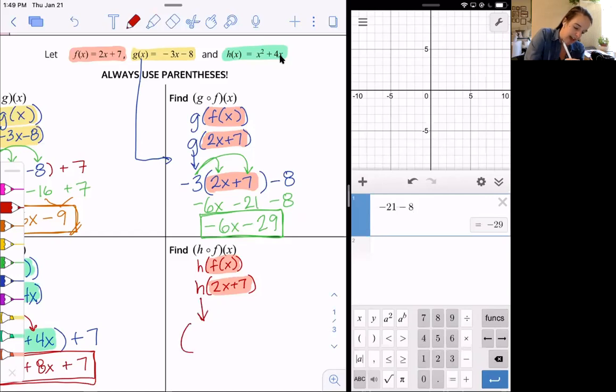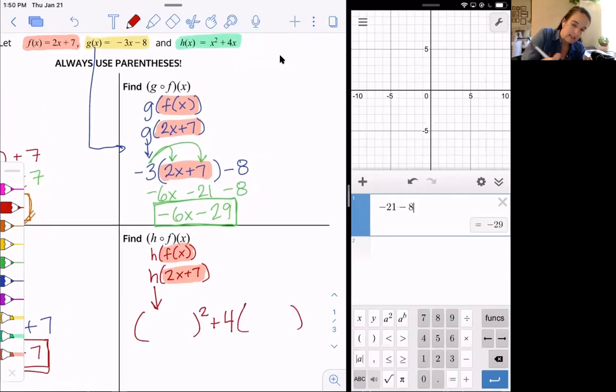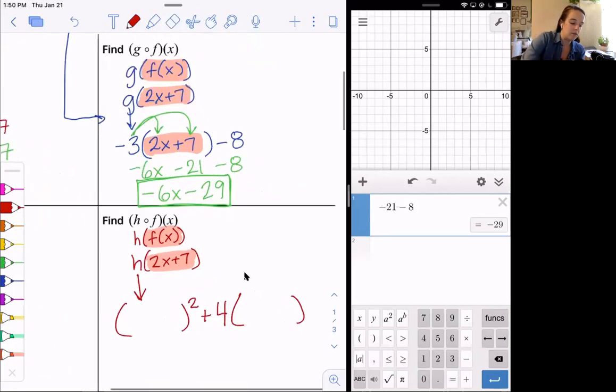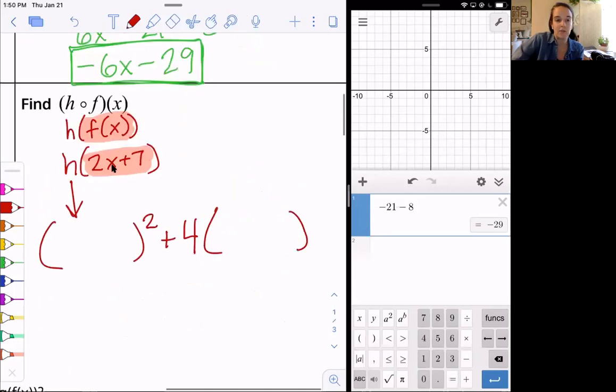I'm going to have x squared plus 4x, like that. This is my shell equation here. So I had the x squared plus 4x from h of x. So now I'm going to take my 2x plus 7 and I'm going to put it in both of these locations.